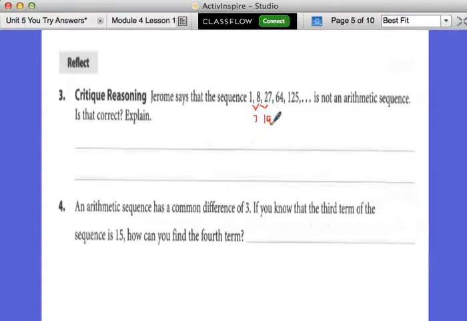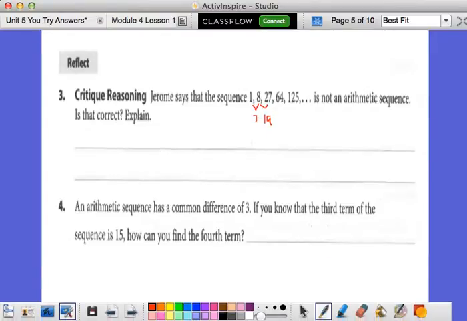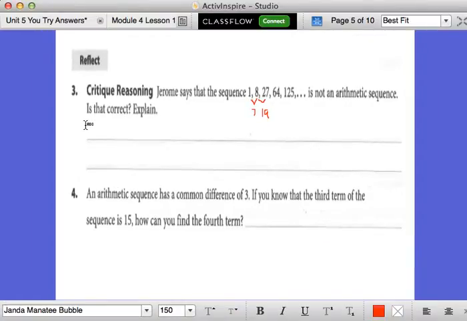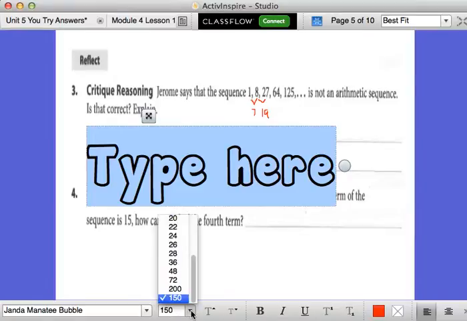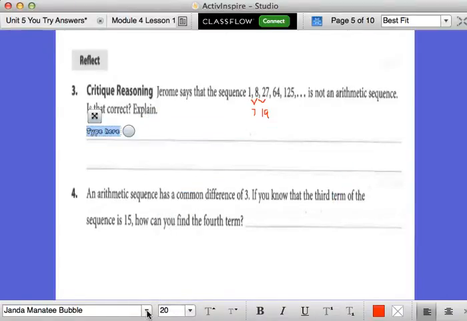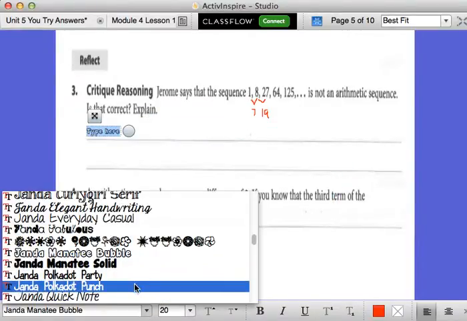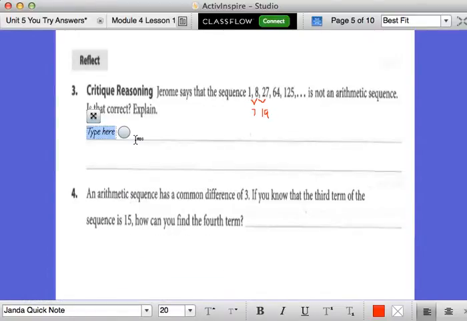So right off the bat, you know that those two differences aren't the same, so it cannot be an arithmetic sequence. So yes, Jerome is correct because the difference is not always the same.